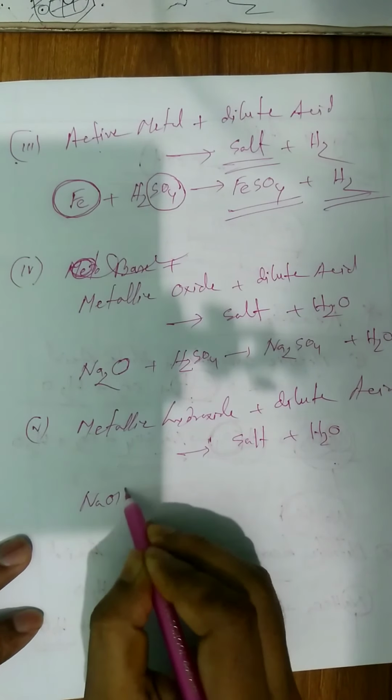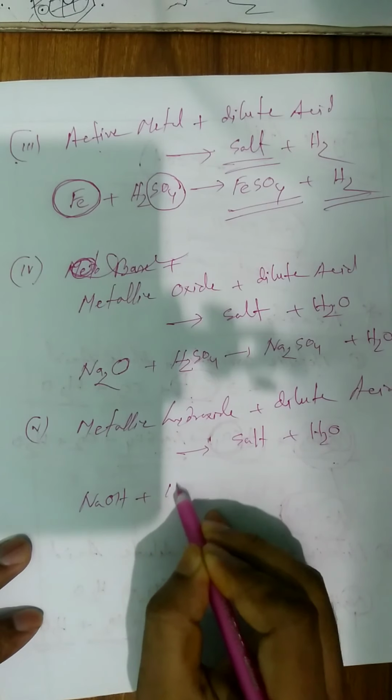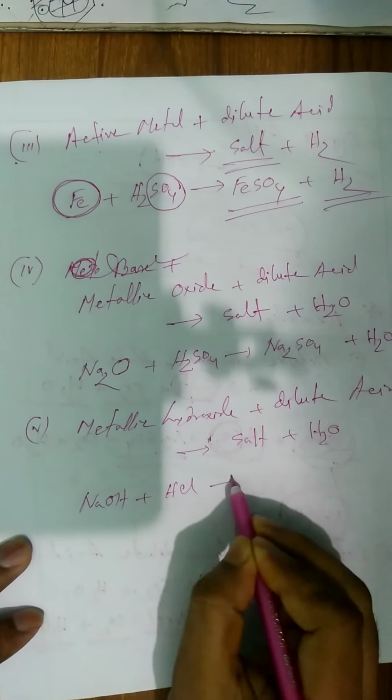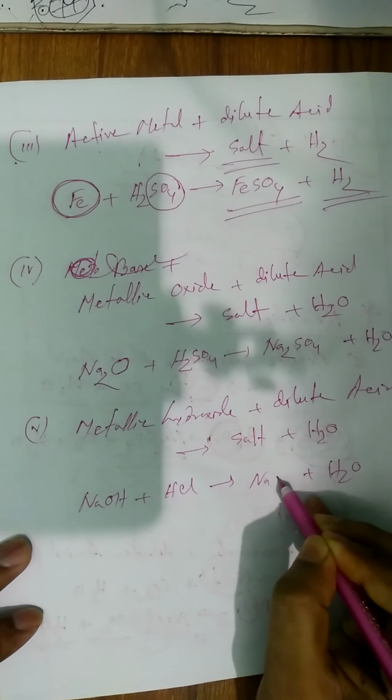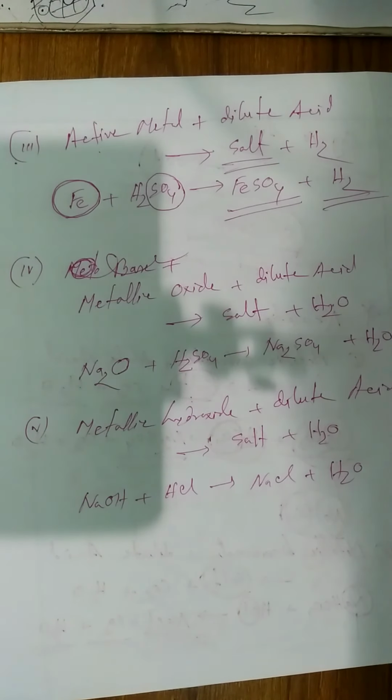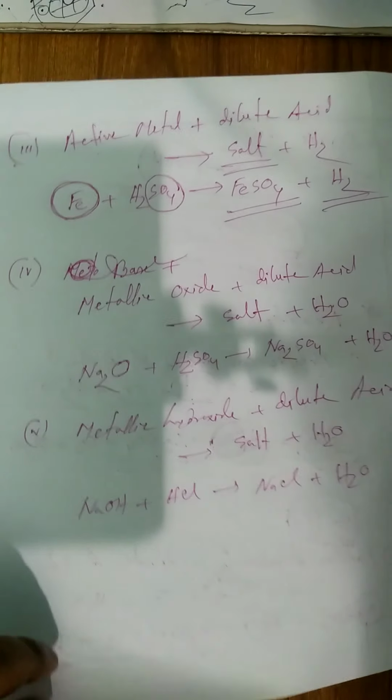For example, NaOH plus HCl, salt, H2O, NaCl. So these are the rules of reaction from chapter 10. All these reactions, all these rules are very important. So be careful about this.